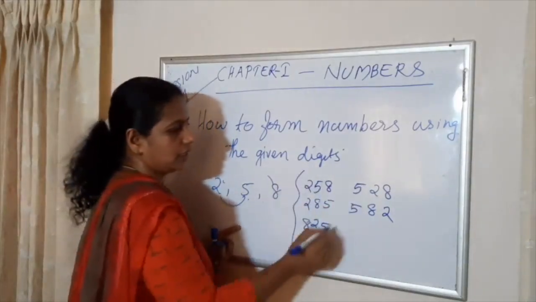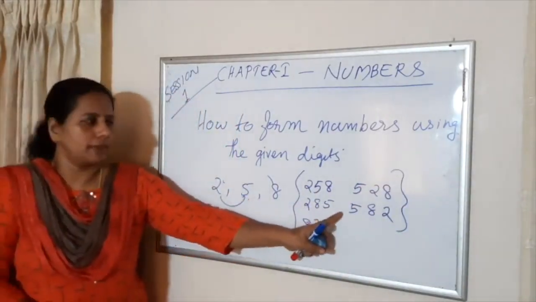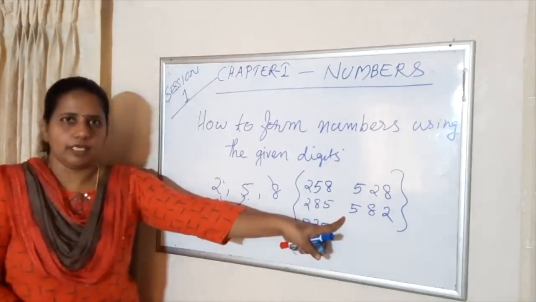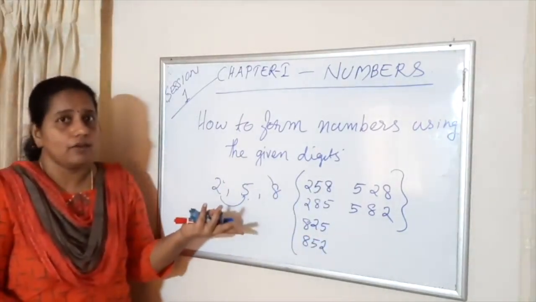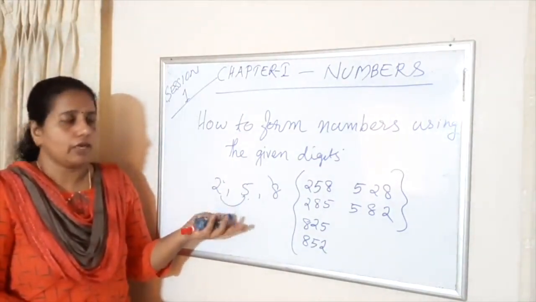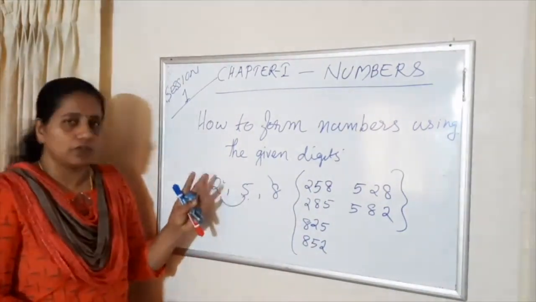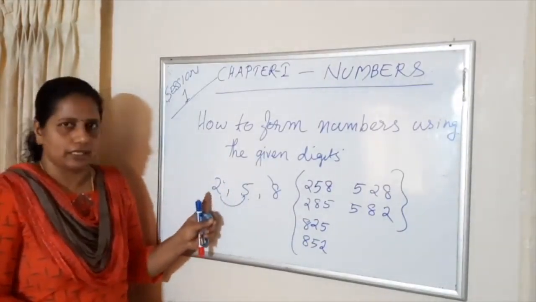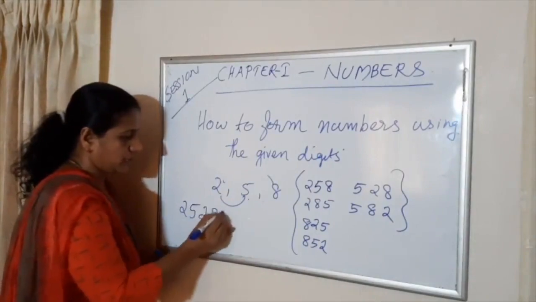All are 3-digit numbers. But here, no number is repeating. If you repeat 2, again you will get a 4-digit number, or you will get a 5-digit number if you write three 2s. For example, 25282.